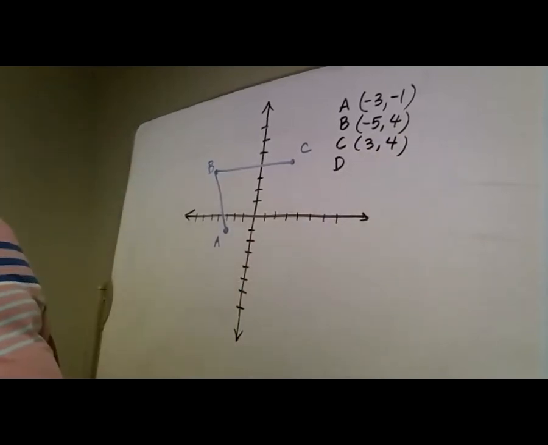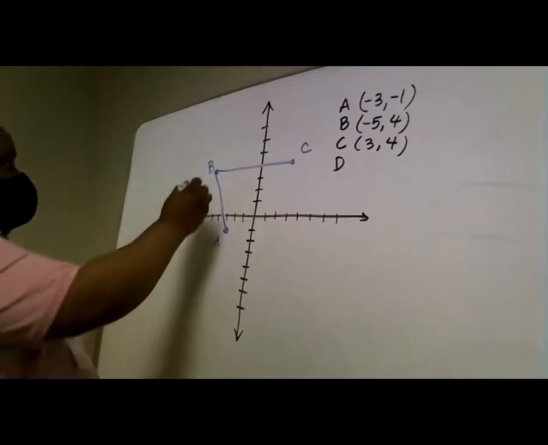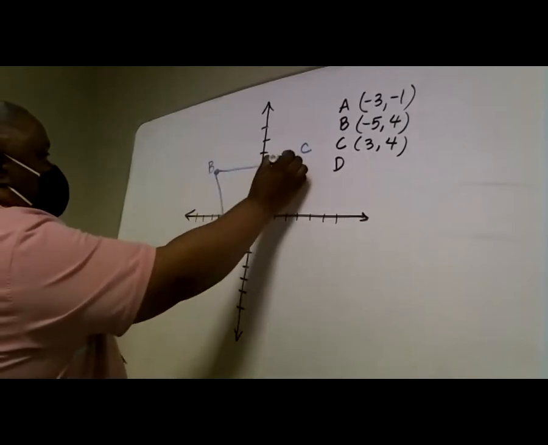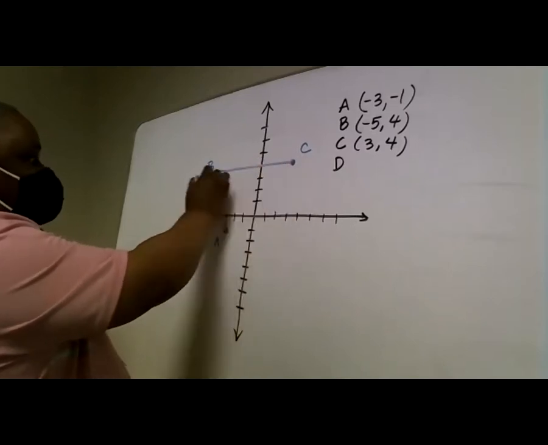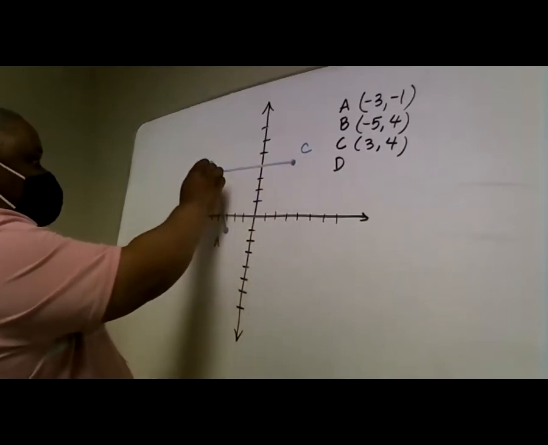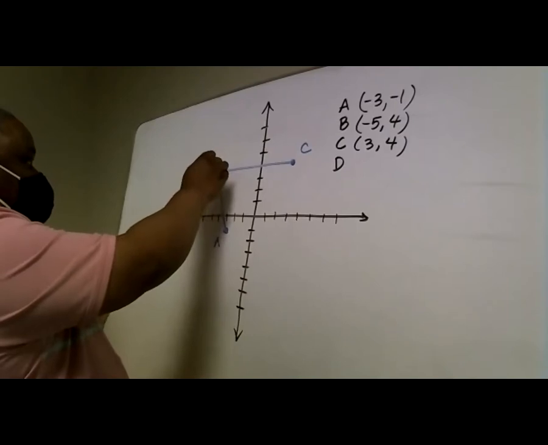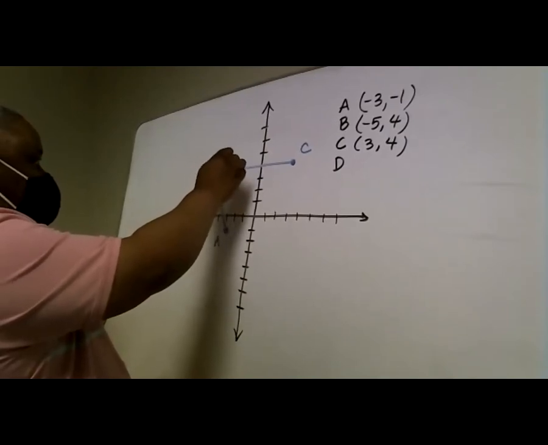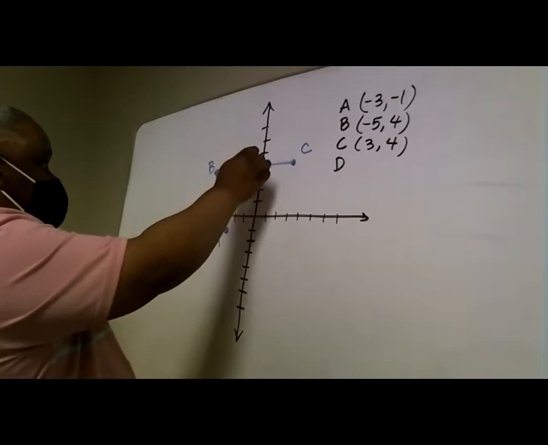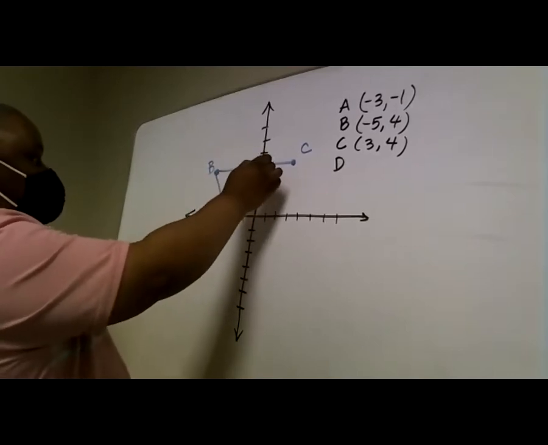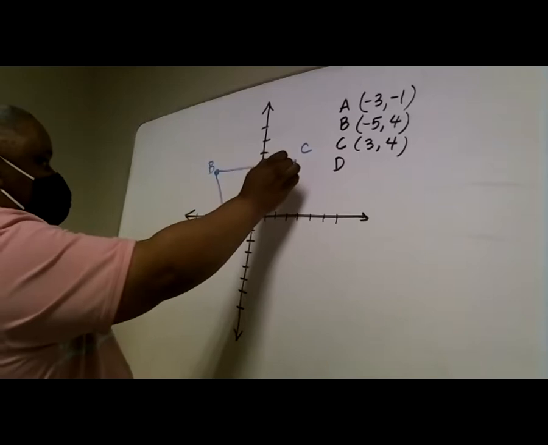So if this is going to be a parallelogram, then D has to be down here somewhere. Since B and C have the same y coordinates, let me count over from B to C. This is going to be 1, 2, 3, 4, 5, 6, 7, 8.